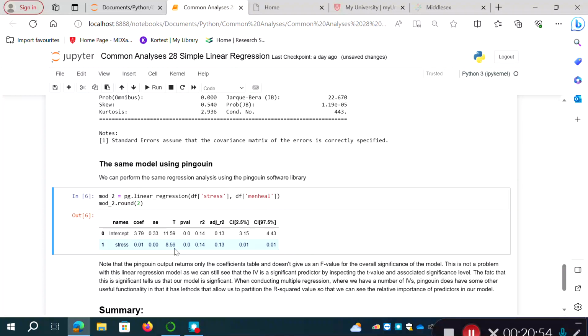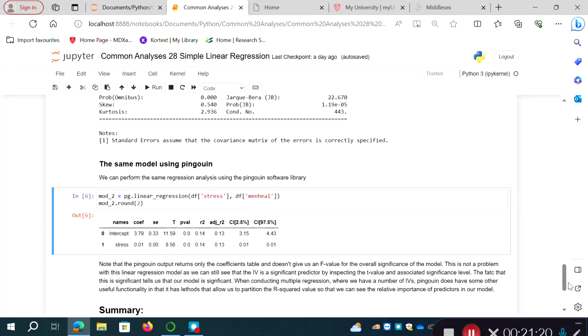When we're conducting multiple regression where we've got a number of IVs, Pingouin does have some other useful functionality in that it has methods that allow us to partition the R squared value, so we can see the relative importance of predictors in our model as well. That's something I will come on to in future videos.